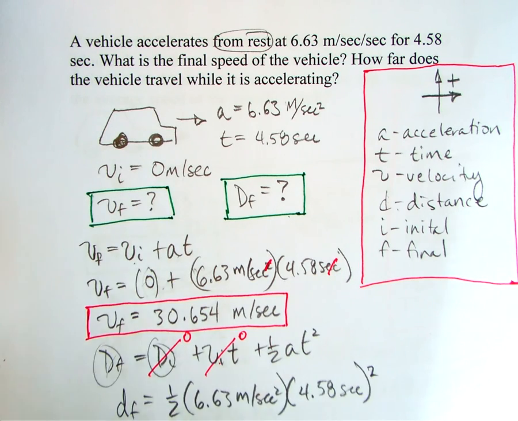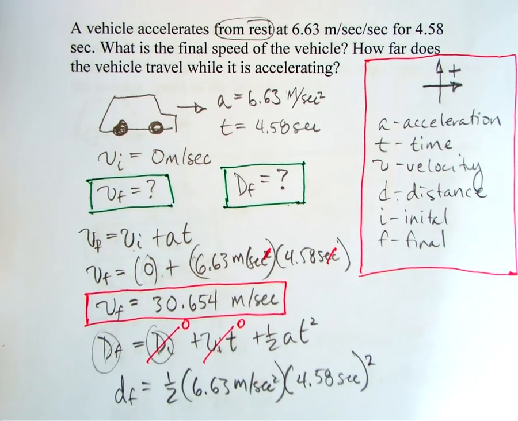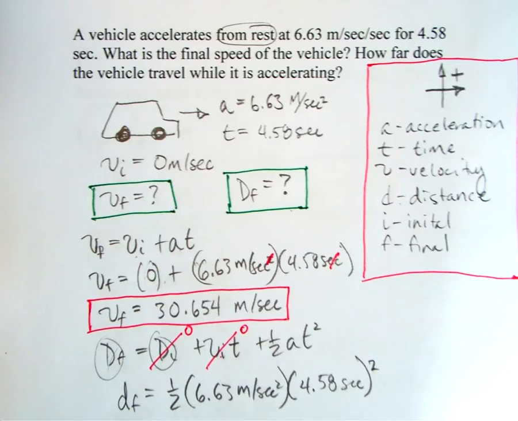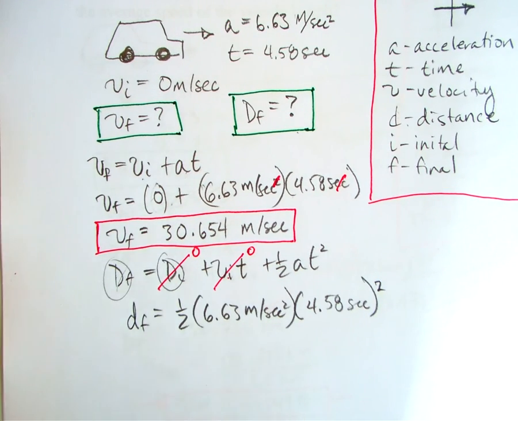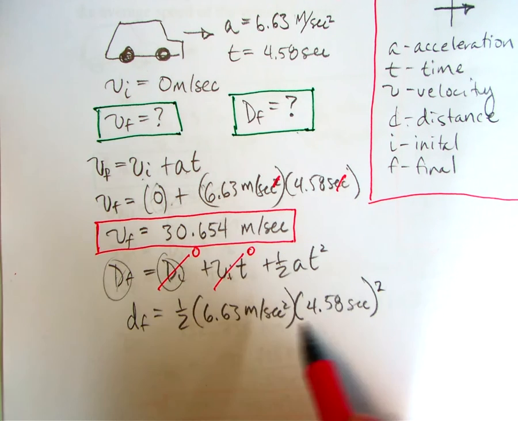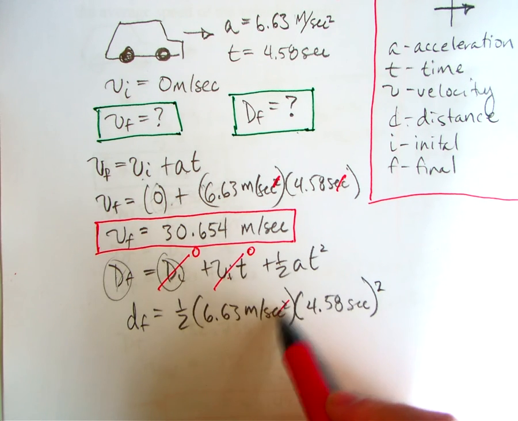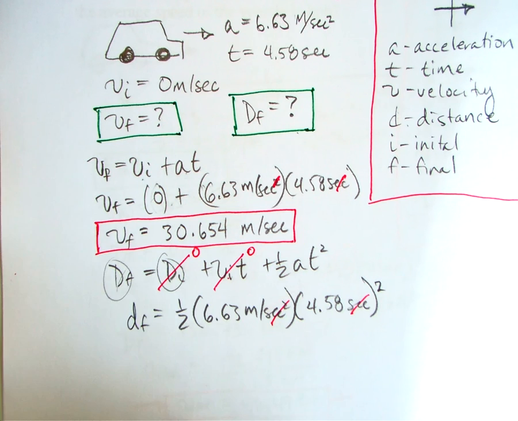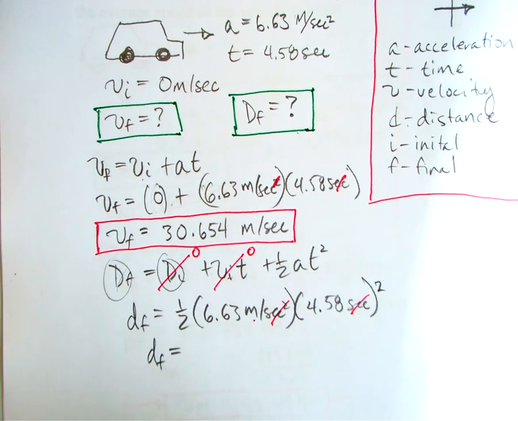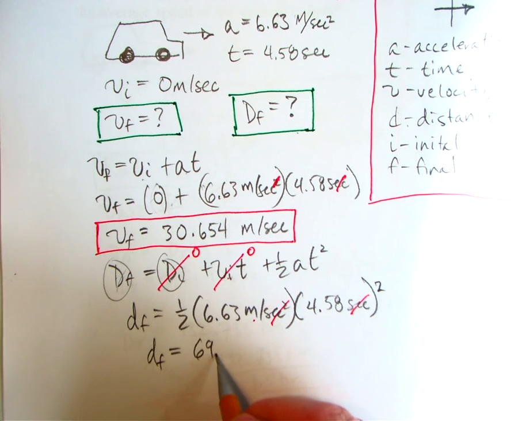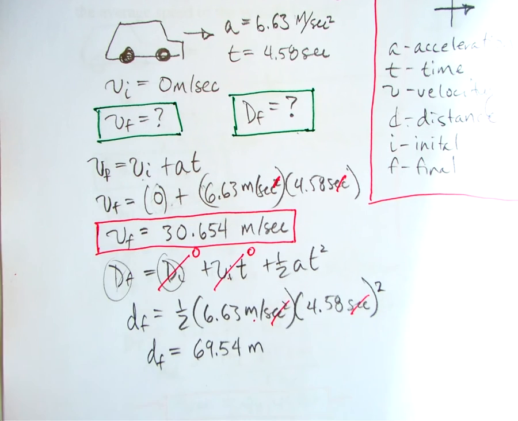Okay. And all we're going to do is punch that in a calculator. And look at our units. This seconds gets squared and cancels with that second squared or divides out. And we're left with meters as our only unit. And the final distance is 69.54 meters.